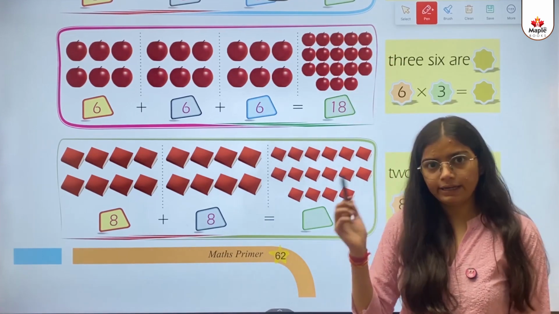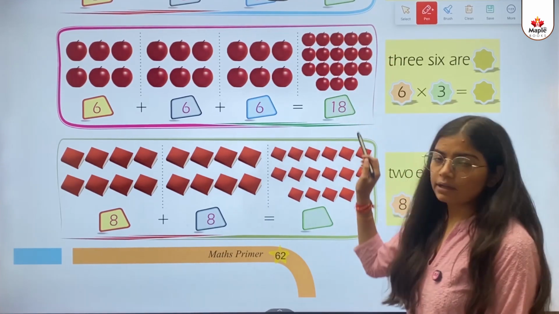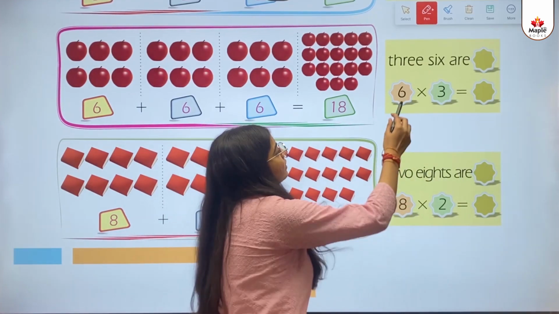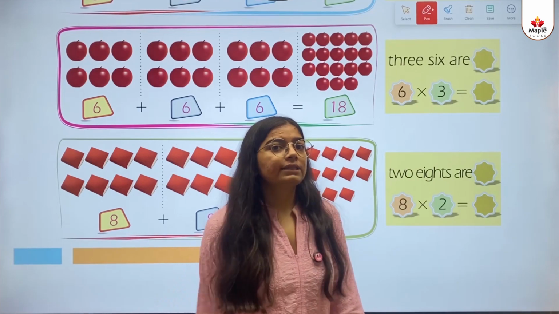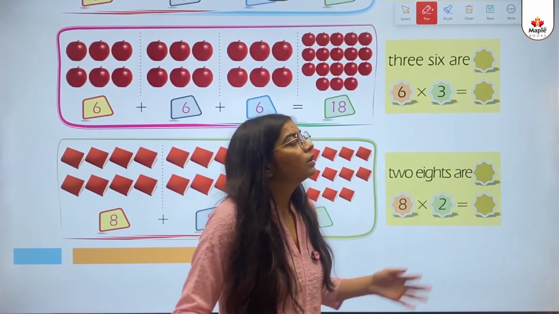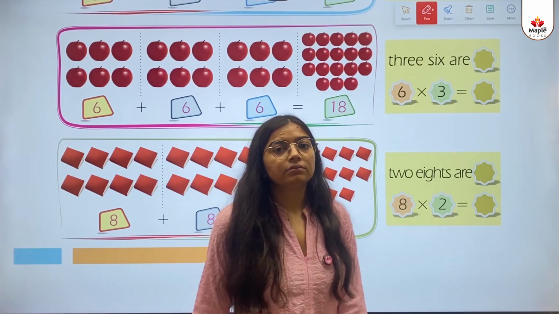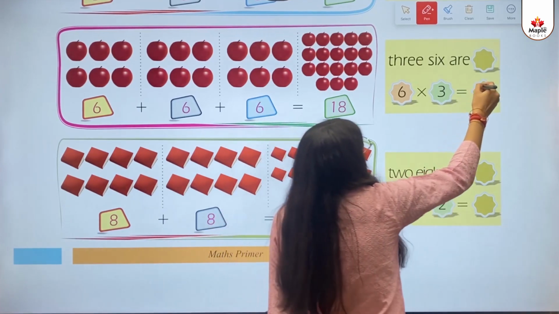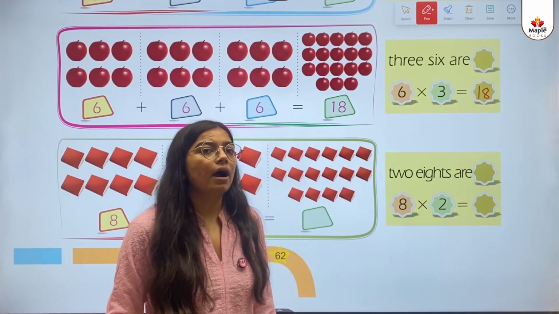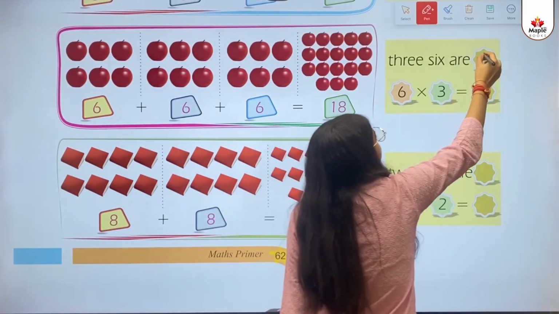In total, there are 18 apples. That is correctly written here. Right. So, what will we write here? 6 threes are, or 3 sixes are, is the same thing. So, what is the answer? 18 is the answer. Or 3 sixes are 18.